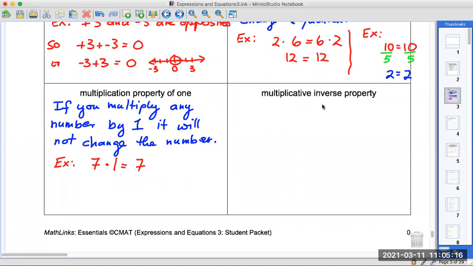Multiplicative inverse. So the inverse is always when you flip something, most likely a fraction, right? So that's also called a reciprocal. So I'll write that word down, okay?